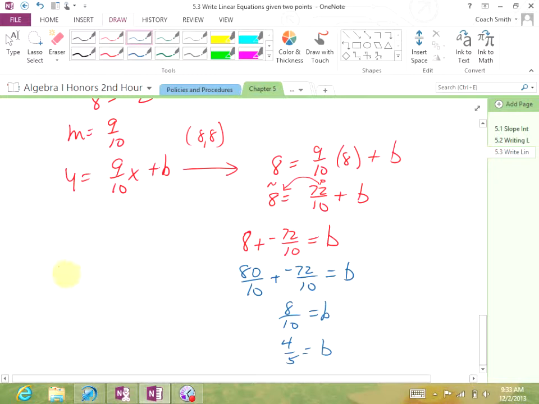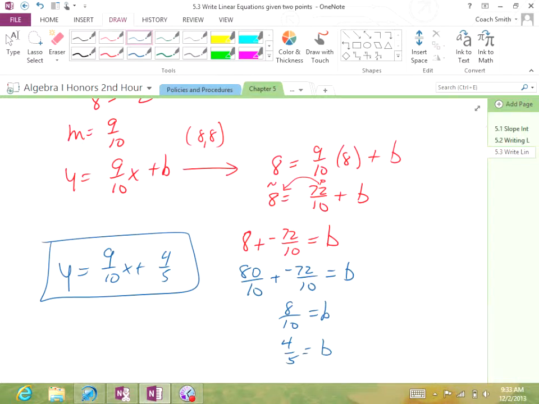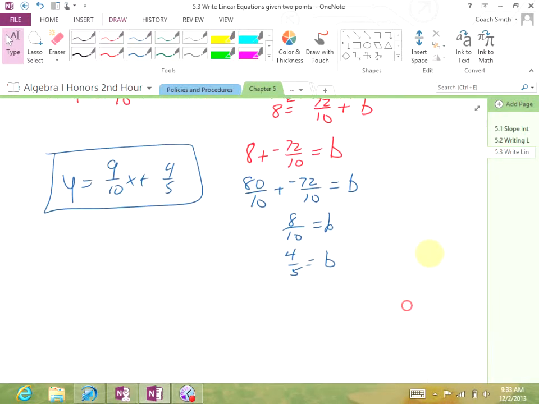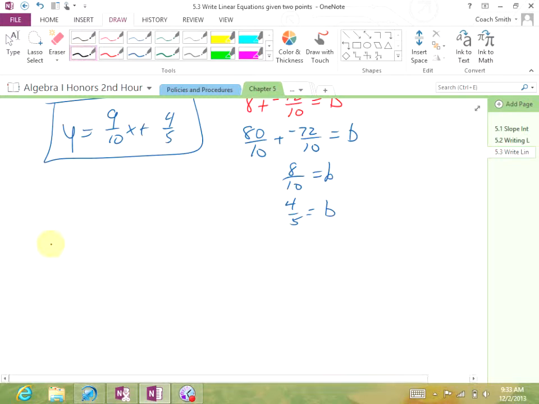So now I plug in the two things, y equals 9 over 10x plus 4 over 5. Did you see where you made your mistake, Brianna, on your negatives? Or did you use the other 2 points? So you used, what was it, -2, -1? So if you use that, it would be -1 equals 9/10 times -2 plus b, right? So that would give me -1 equals -18/10 plus b.